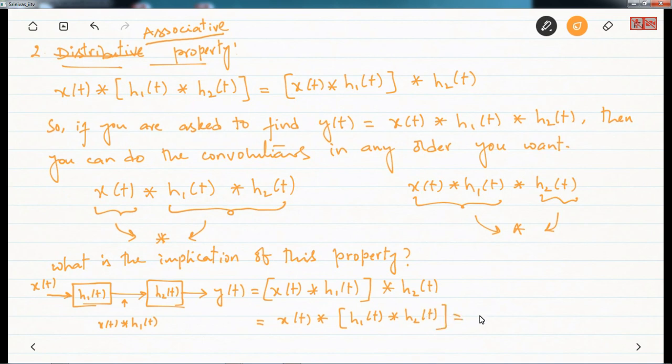So this is nothing but giving x of t as the input to a system having its impulse response as h1 of t convolved with h2 of t, right? Have you understood this?